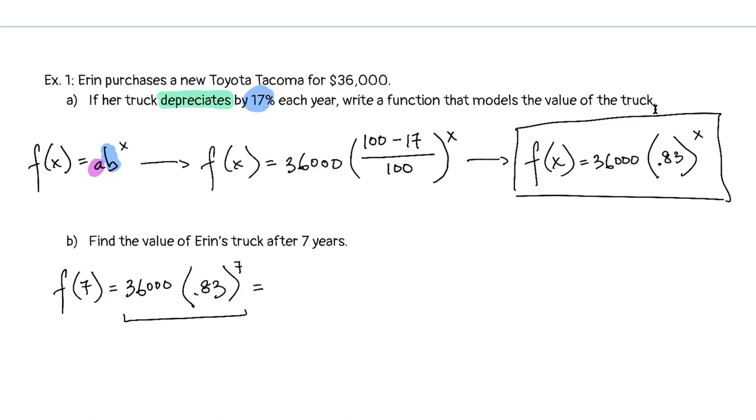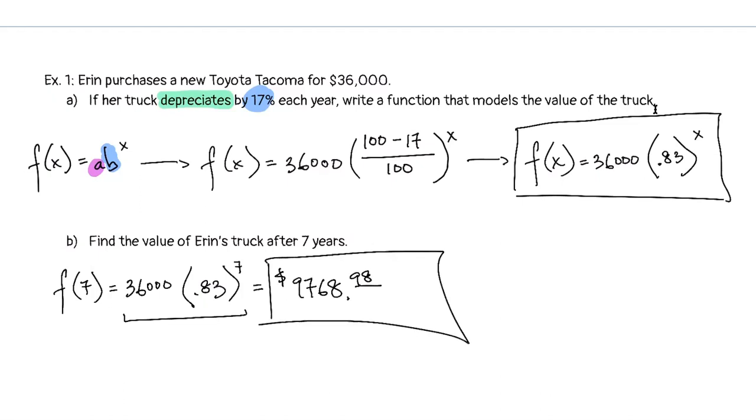So you should get, don't forget the dollar sign, rather than a number sign, $9,768.98. Okay, so the value of her car in 7 years is a little bit less than 10,000. All right, any questions about example 1 here?